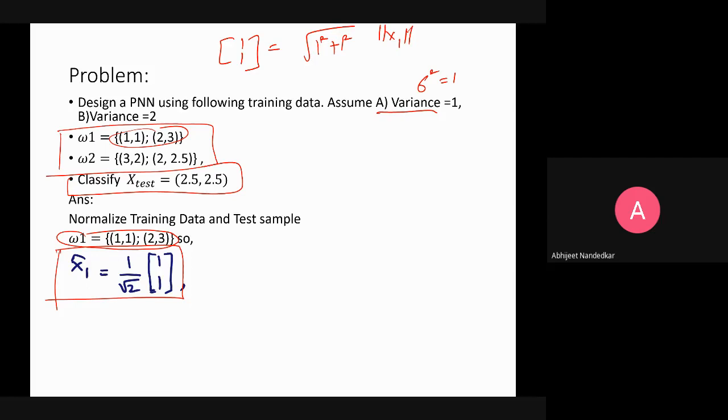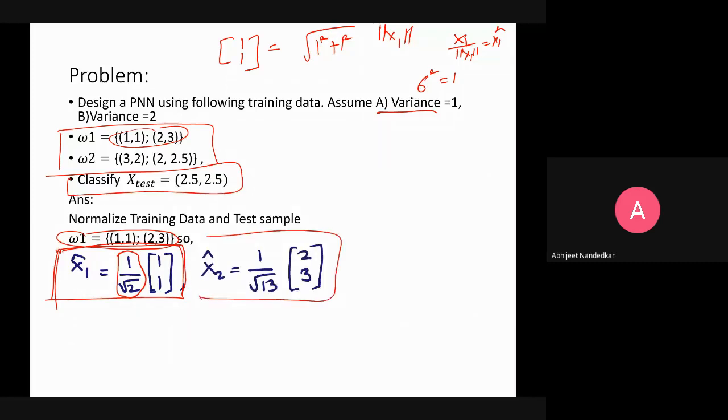So if I divide this x1 by its norm, it will be x1 normalized. So this step is doing that. So this is the length, and I am dividing x1 by the length, so it will be x1 normalized. Similarly, I go for x2. So x2 is 2, 3.